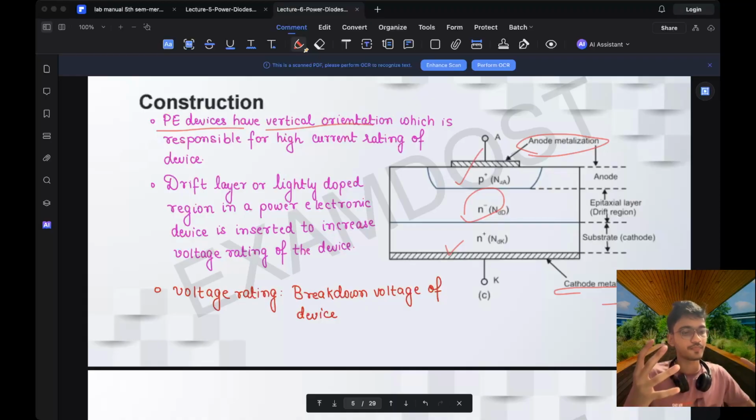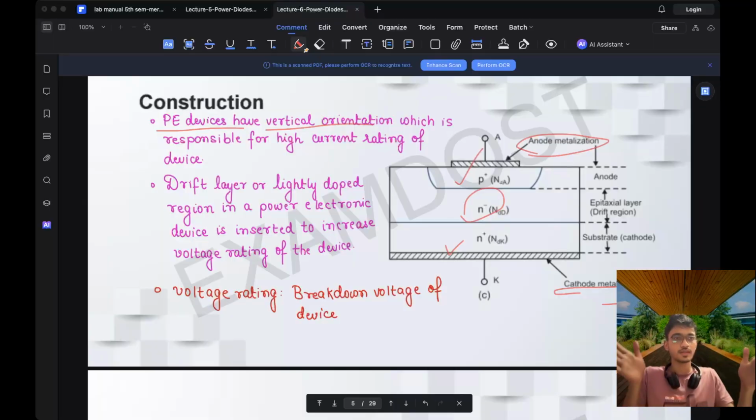If you have vertical orientation, then the cross section area is more. If the cross section area is more, then the current will be more, it will flow more.